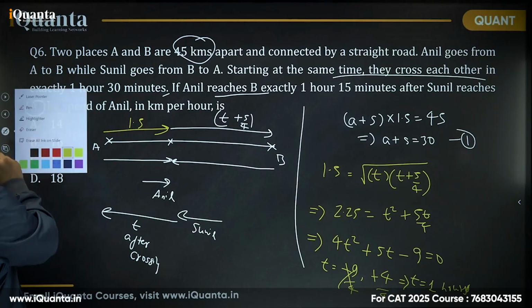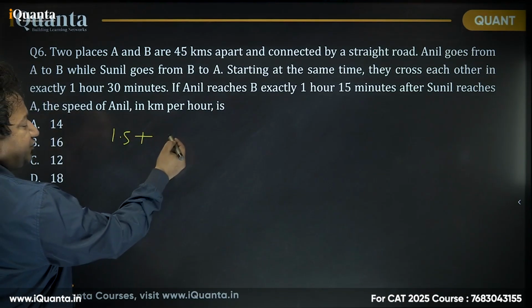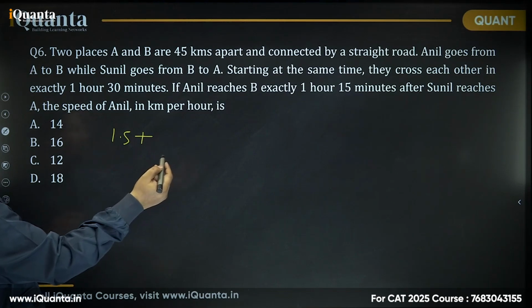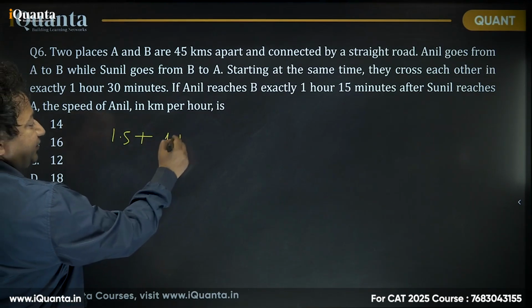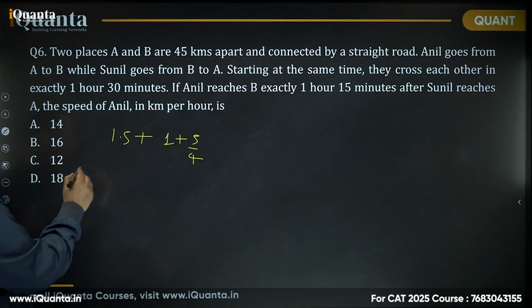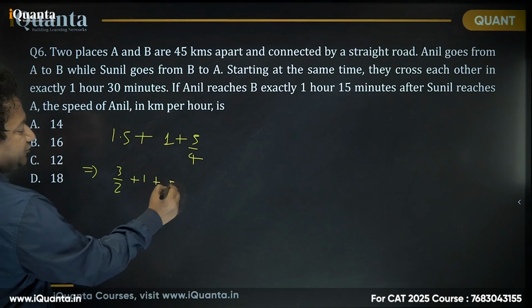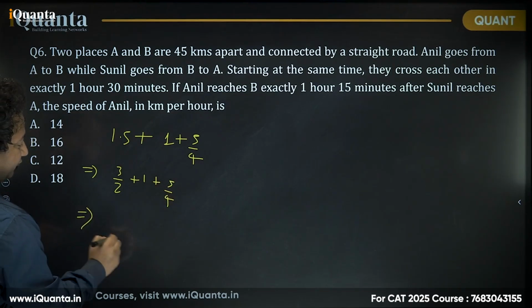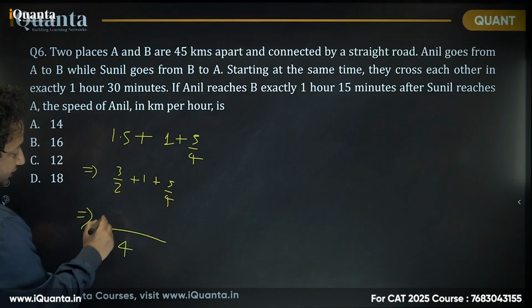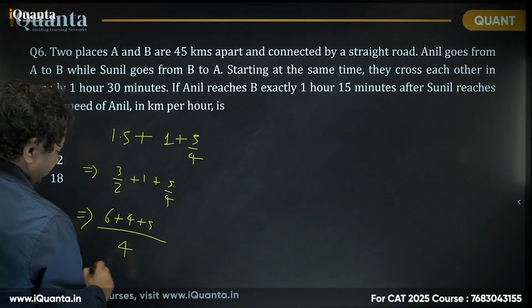So overall, Anil has taken 1.5 plus T plus 5 by 4, and T we calculated as 1. 1 plus 5 by 4 is the time taken by Anil to complete everything. So to make it simple, I can write 3 by 2 plus 1 plus 5 by 4. Let's take the LCM. We have 4 here. So 2 2s are 6 plus 4 plus 5, 15 by 4.